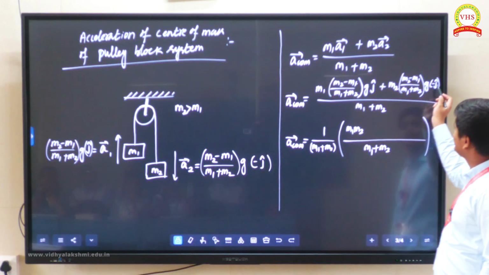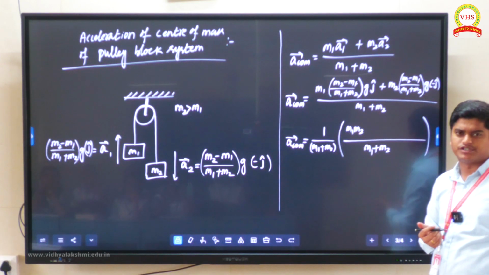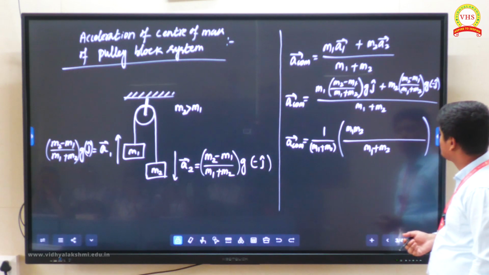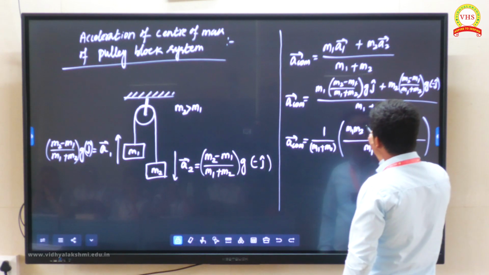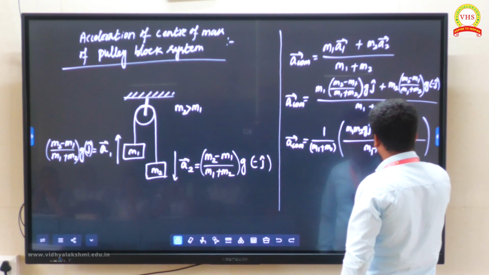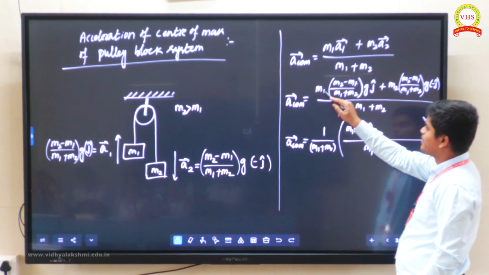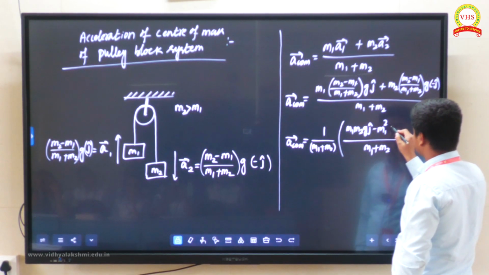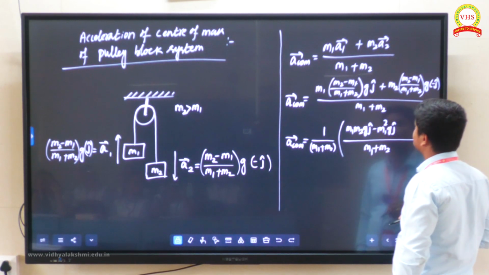You want to take g j cap common also, you can take common, no risk. Otherwise you check here g j cap. So let me write, if you want to write g j cap, no risk. Then minus, this will multiply here, it is m1 square g j cap.